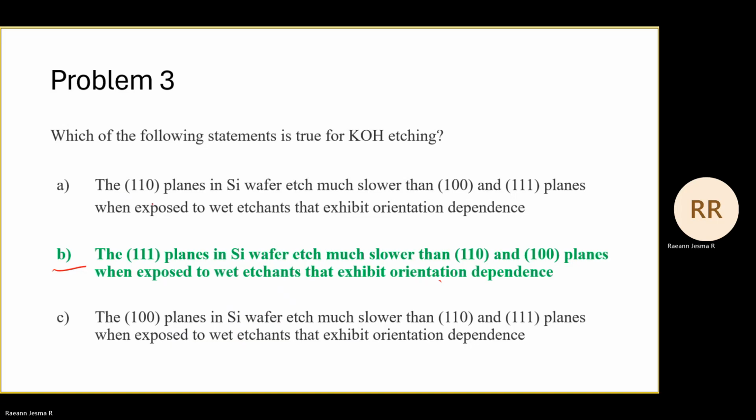The reason is that the 111 planes require a higher amount of activation energy compared to 110 and 100 planes, and also the atomic density of the 111 plane is much higher compared to the 110 and 100 planes.